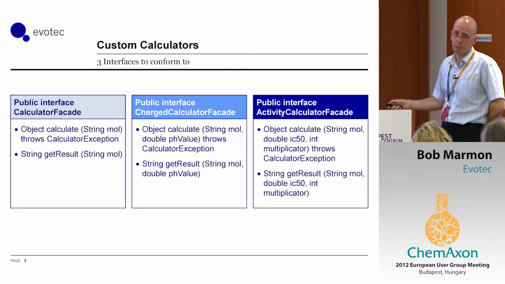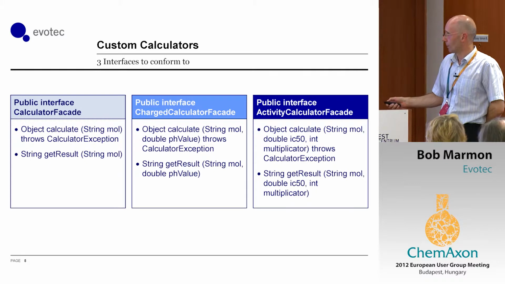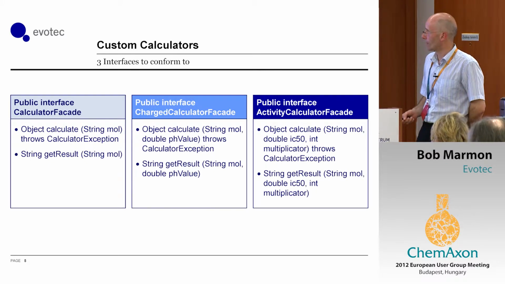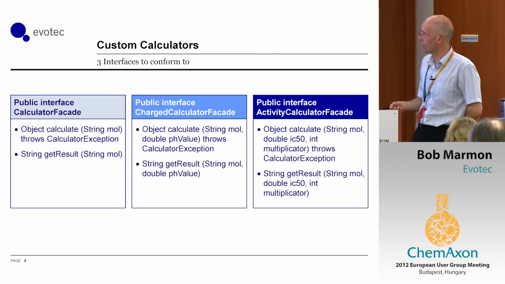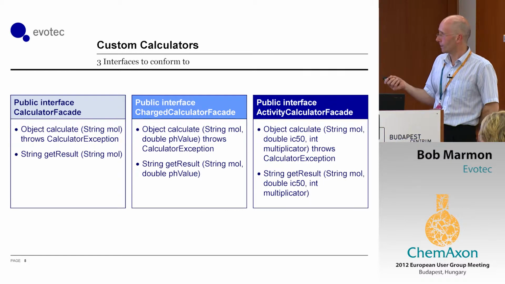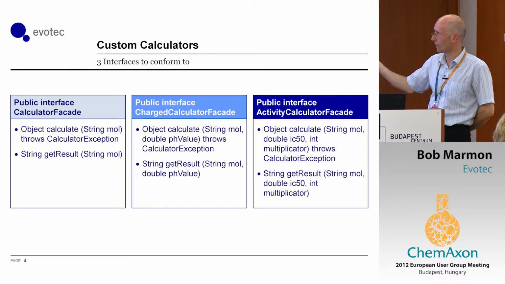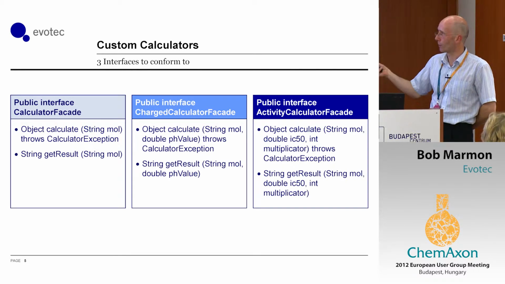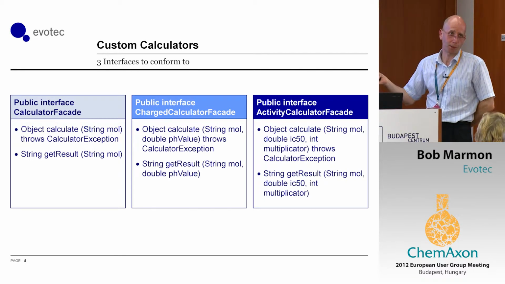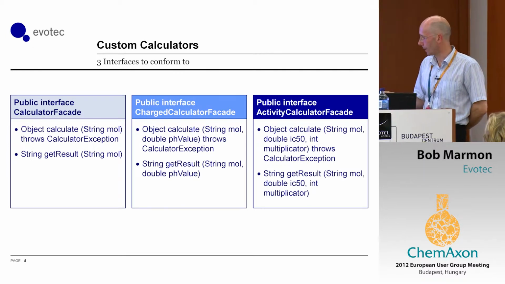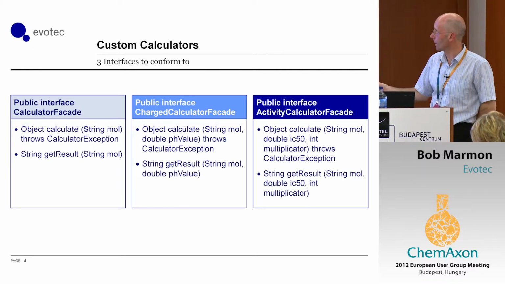Or if we need to incorporate biological results in there, we've also got an interface that will cope with that. So the idea was that the calling application could use this facade, and then there would be another set of actual algorithms underneath there that we could change if we needed to change the implementation without affecting the way the caller was working.